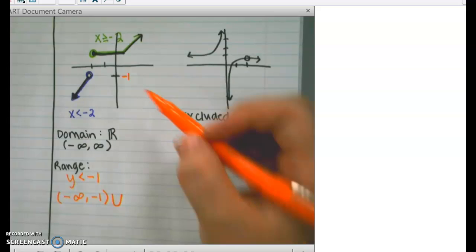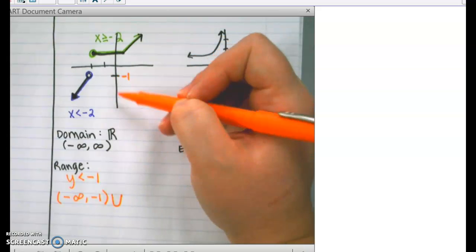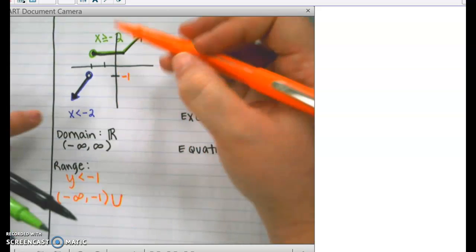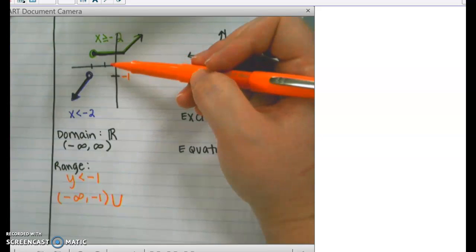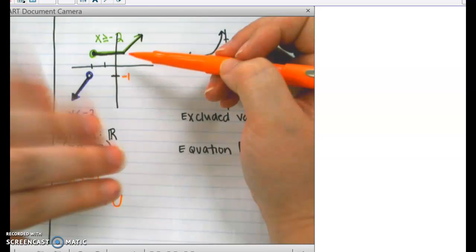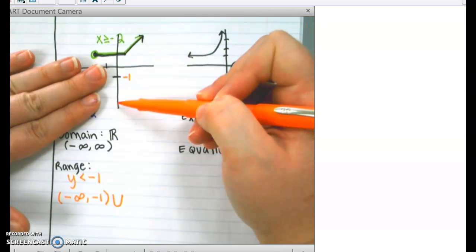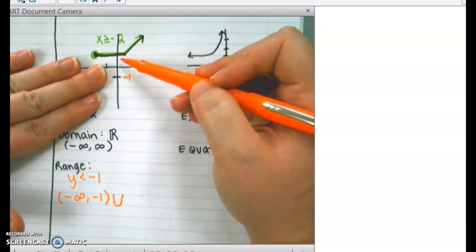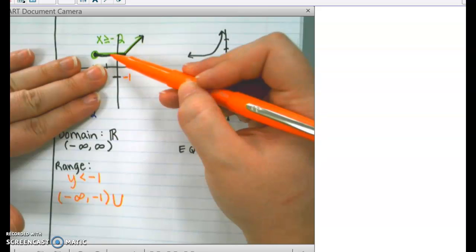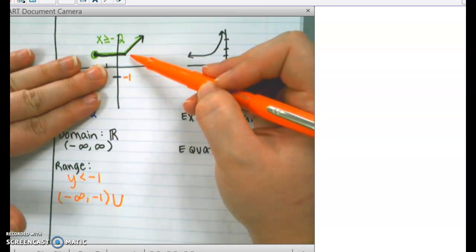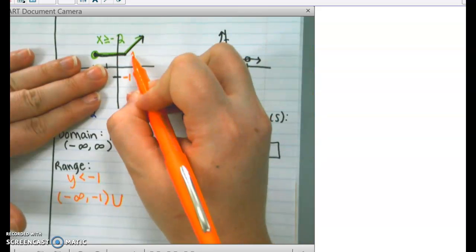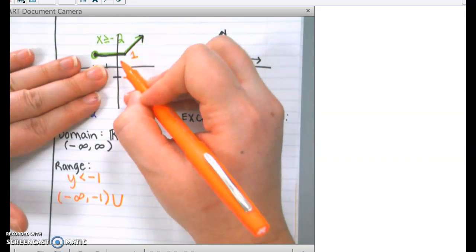Alright, so then I would do the range part all over again, and only focus on the top piece that I haven't covered yet. So remember, we go from the bottom to the top. The minimum or the bottommost piece of this graph is positive 1, and then everything above it.